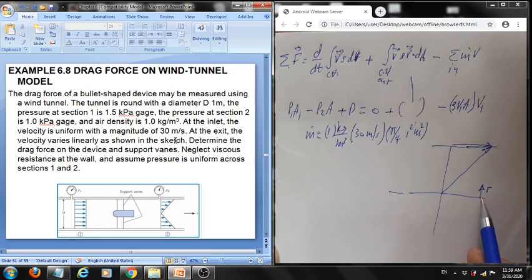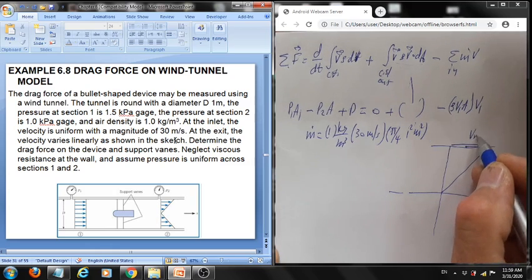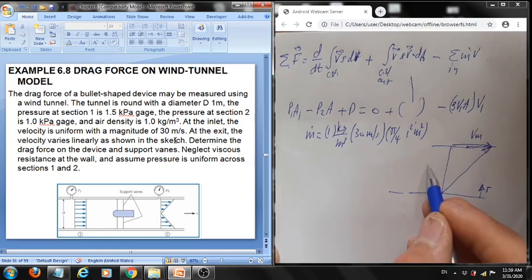This is the coordinate for the r direction, and we have V max when we reach the radius of this wind tunnel, which is given to us as r naught.